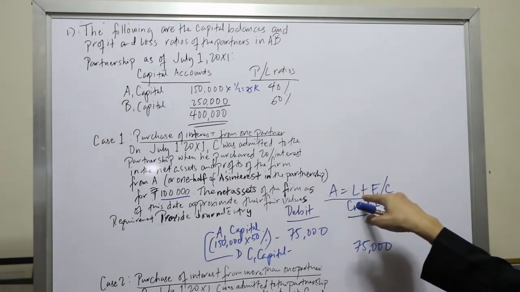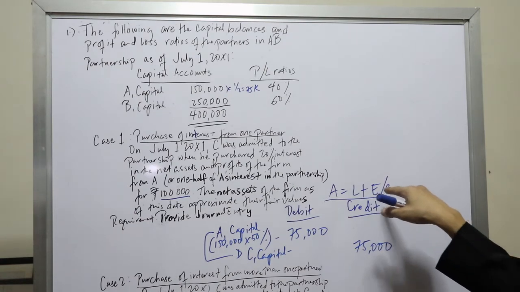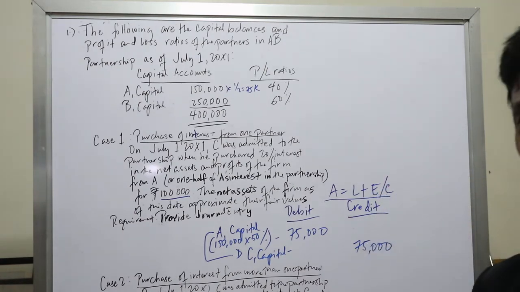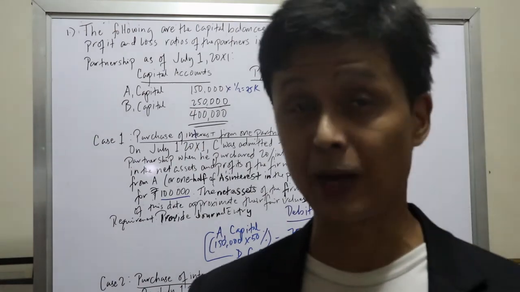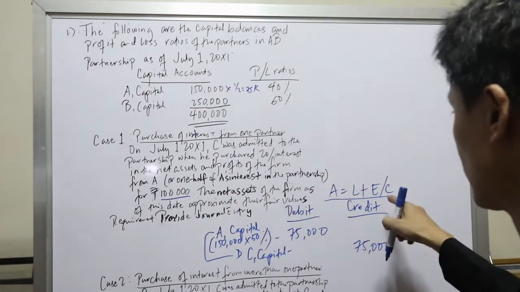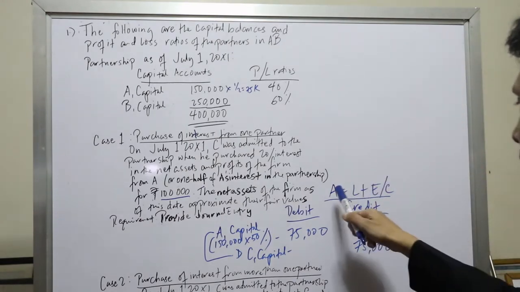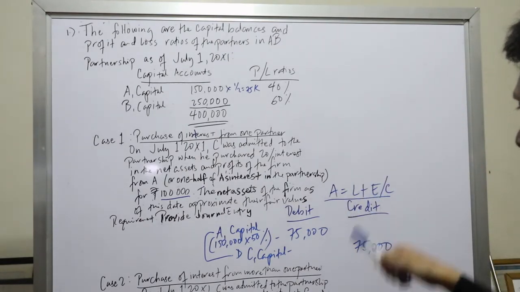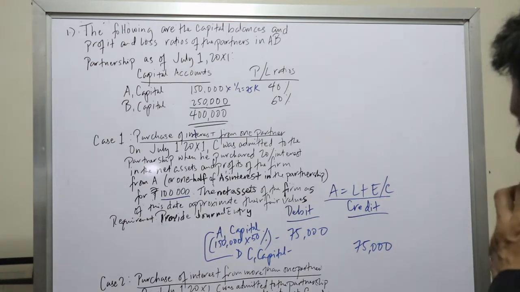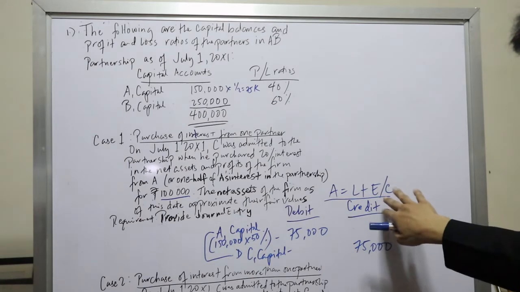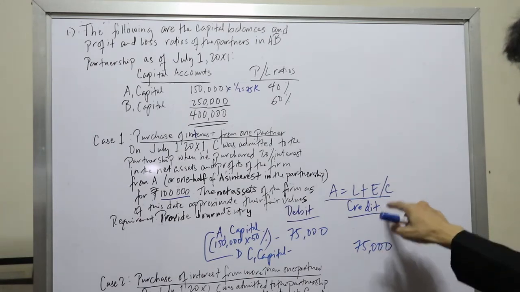L is liability. E is equity, or capital, it's the same. Just remember the word Alec. Assets equals liabilities plus equity or capital. So we see capital is on the right side, the credit side. So the normal balance of capital is credit.